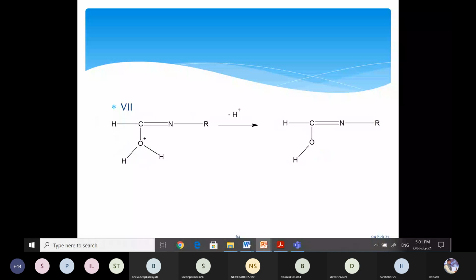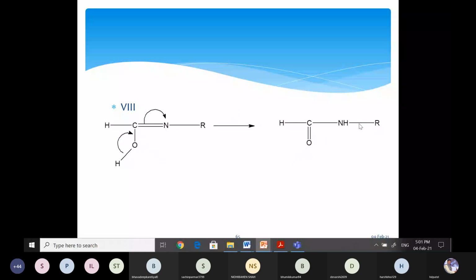Then deprotonation will take place, and we now have H, COH double bond N, R. From this, proton transfer will take place, and as a result we have the N-formyl derivative, NHC double bond OH.